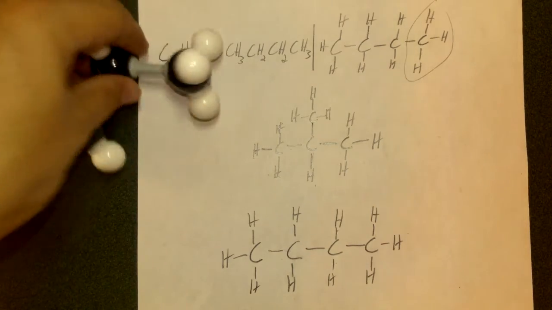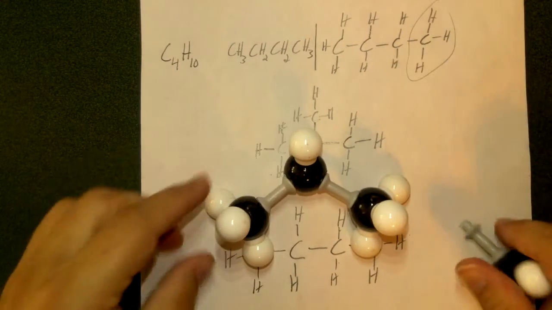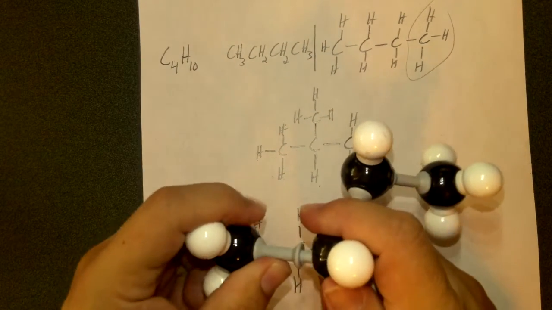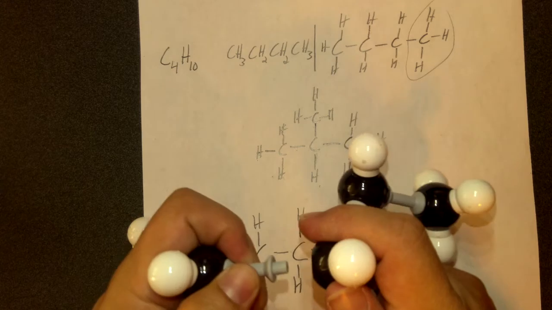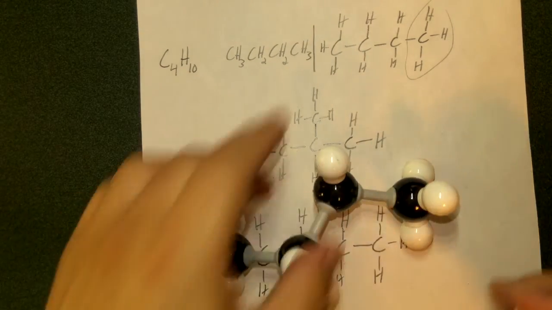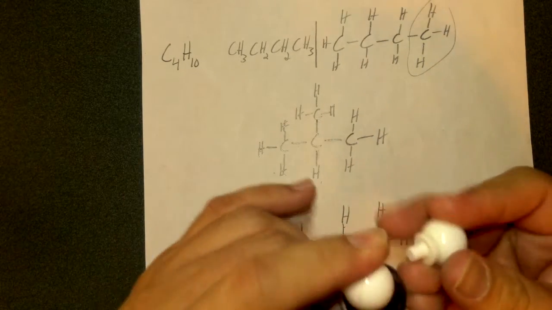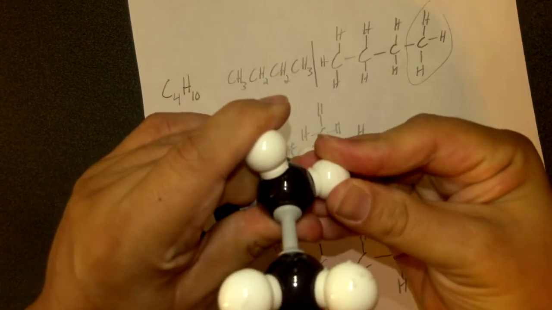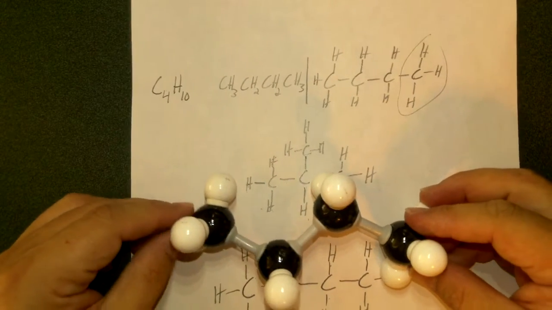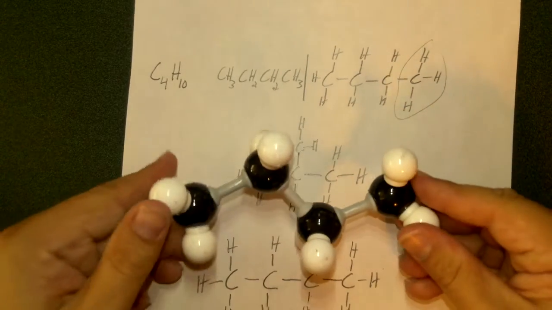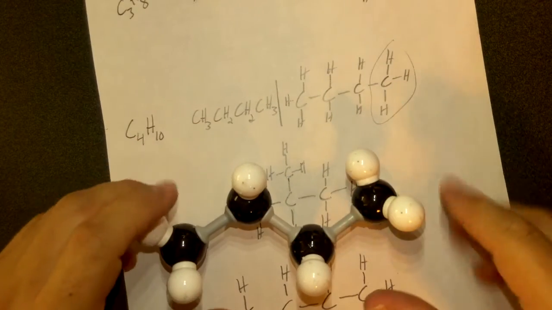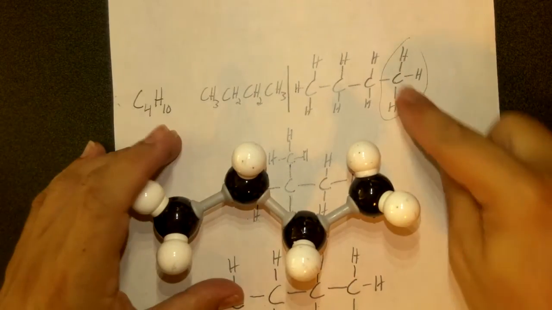So it's as if we took this end of the carbon chain, took the hydrogen that was there, replaced it with that methyl group, and then the hole that we left behind, in this case in the center because that's where we removed it from, we replaced with that hydrogen. And so hopefully you realize this is the same molecule as we had before. It's still a straight chain of 4 carbons with hydrogens filling in the rest of the positions. This is the same as this one right here.